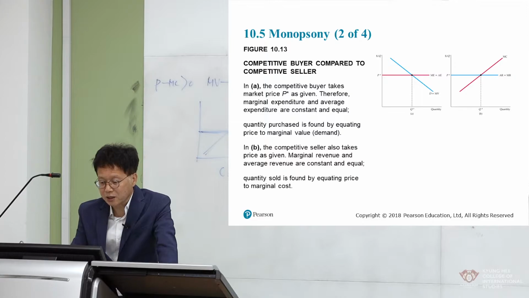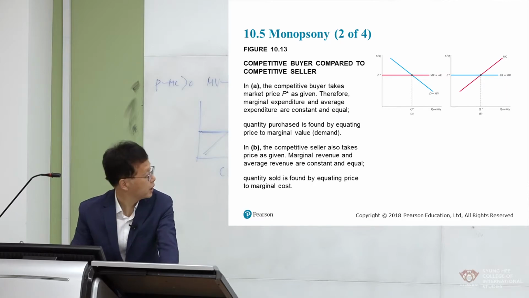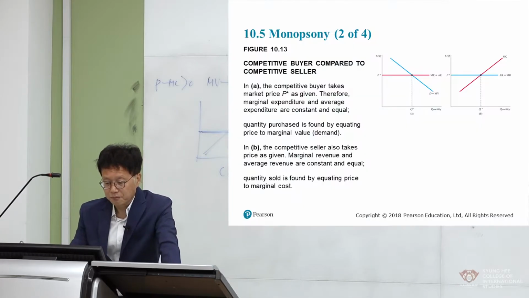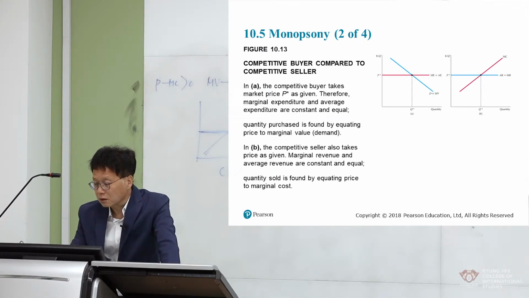Therefore, marginal expenditure and average expenditure are constant and equal. Quantity purchased is found by equating price to marginal value. Marginal value is demand, and expenditure is supply. In B, the competitive seller also takes price as given.